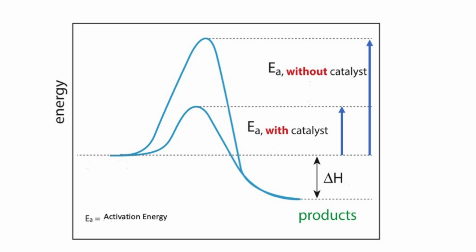And we can see in this slide that the activation energy is represented by EA here. With a catalyst, the activation energy is much smaller because the reaction has gone by a different reaction pathway or mechanism, and that new reaction pathway has a lower activation energy.